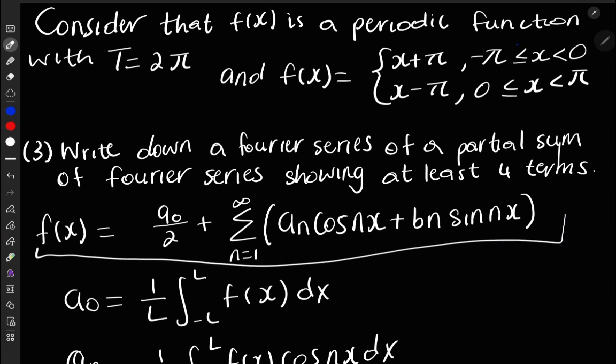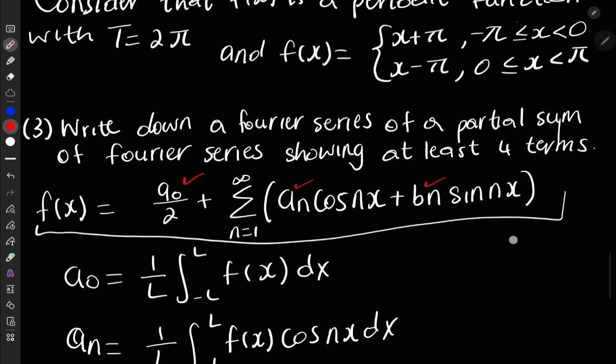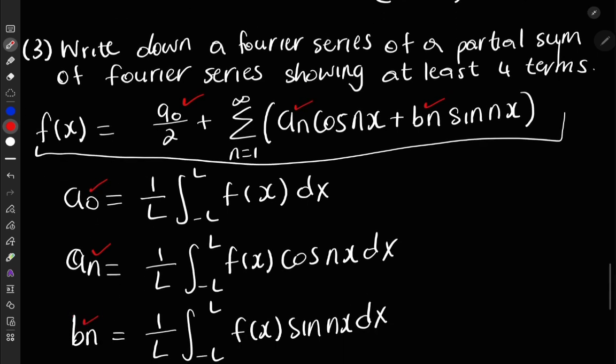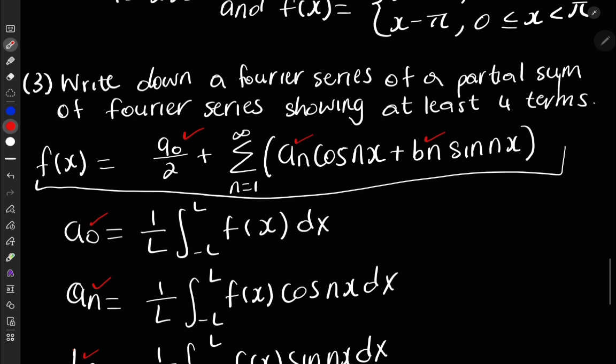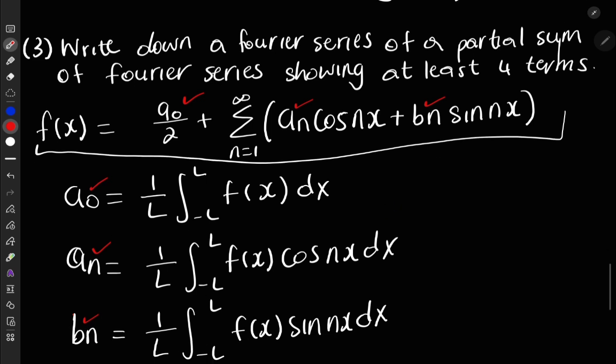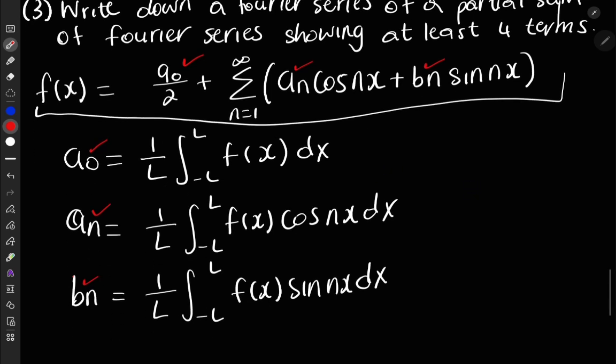Before we can write it as a Fourier series, we must be able to determine a0, an, and bn, and here are the formulas on how to find those. a0 is equal to 1 over L, integration from negative L to L of f of x, and then an and also bn are like that.